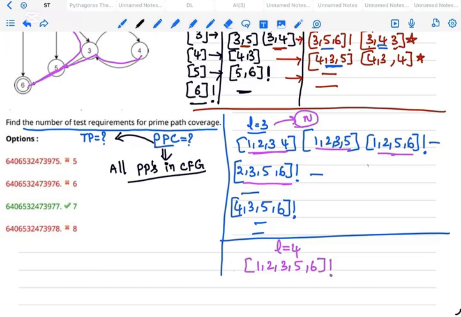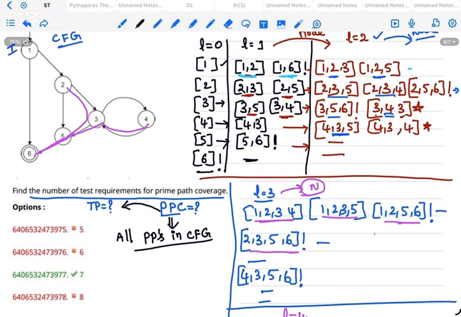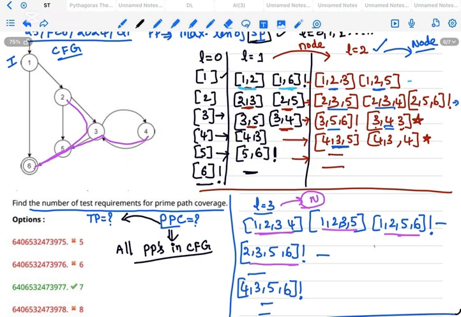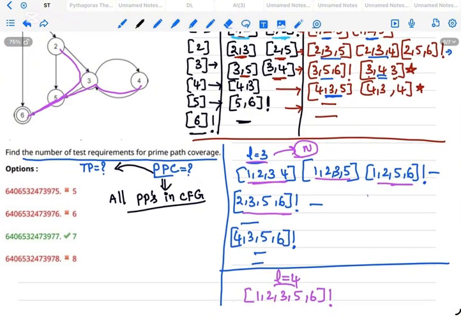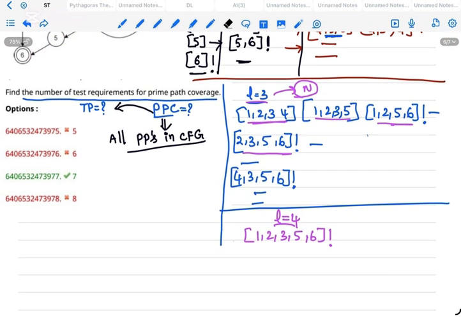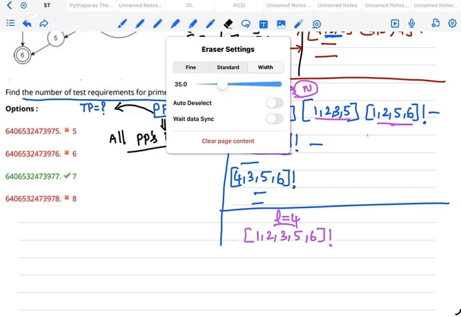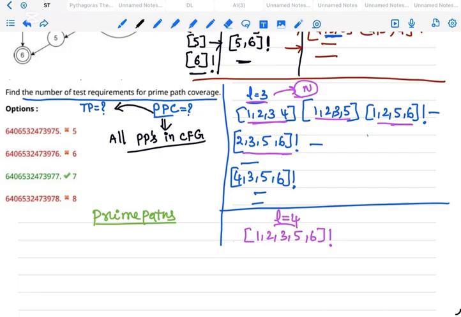So now we calculated all the simple paths of length 0, 1, 2, 3 and 4, and up to length 4 only. Length 5 is not possible because no other simple paths are possible up to length 4 only.